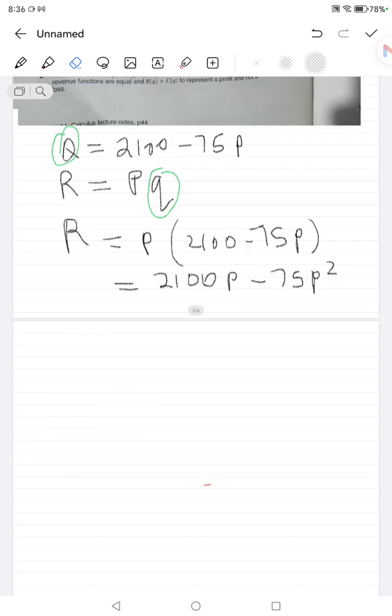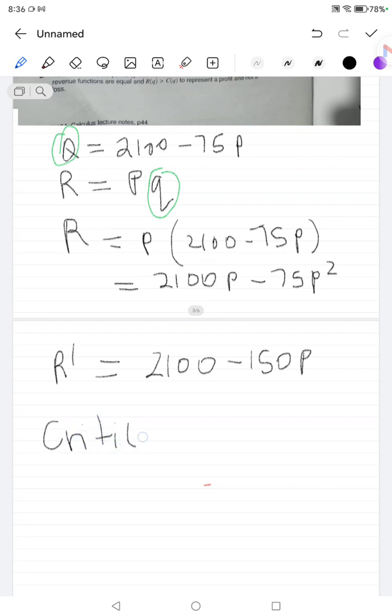Then you know that this is where you can start using your first derivative. The first derivative for this one, you're going to get 2.1 minus 150p.